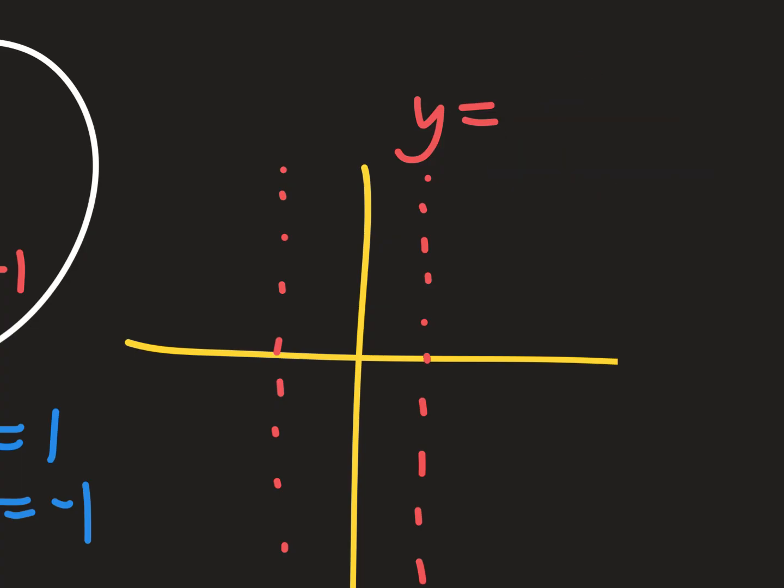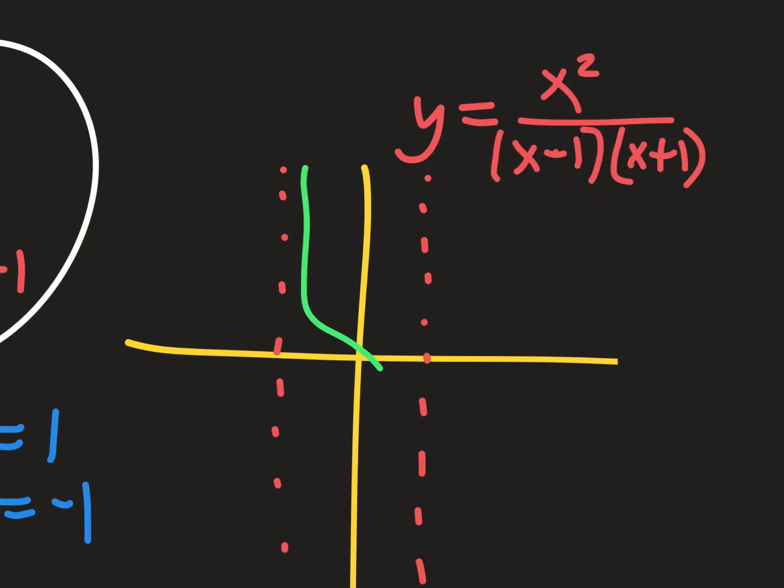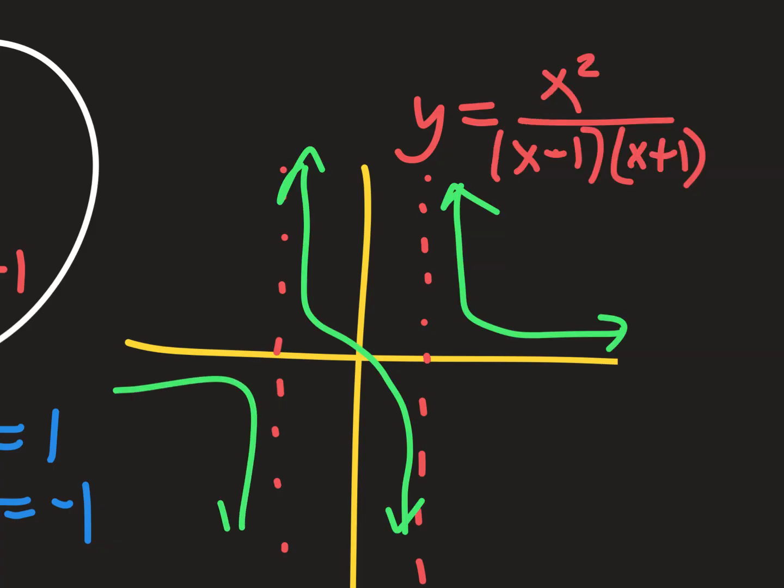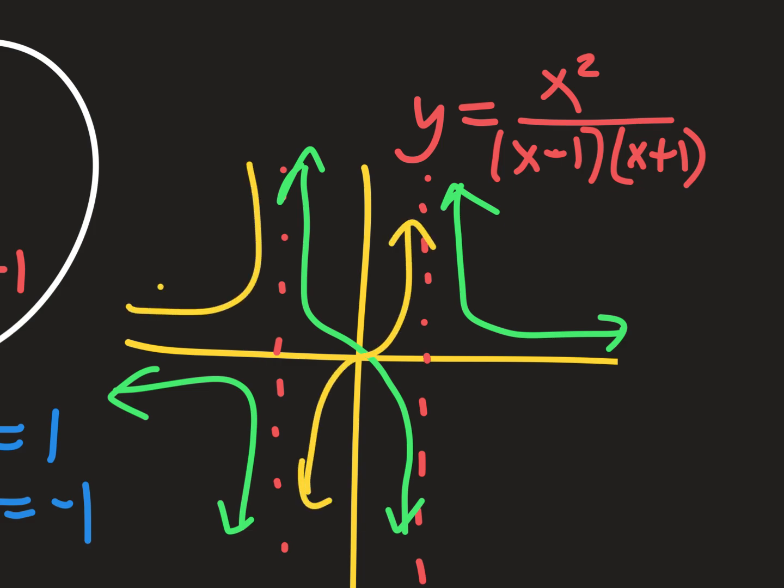I know that I'm going to connect the dots. But honestly, it might do this. It might do this. It might do that. I'm not sure. But it looks something like that. It might be instead this way. And it might be here. And it might be there.